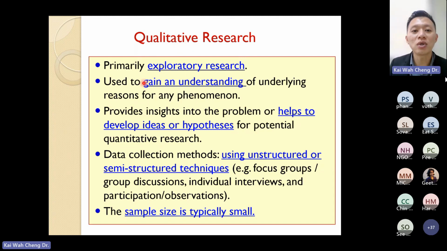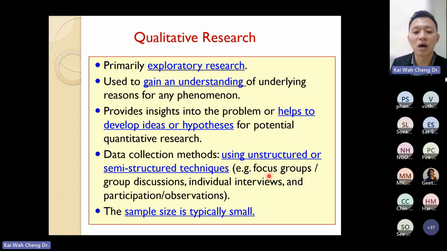Basically, if you want to get primary exploratory information, we need to conduct a qualitative research. The examples of qualitative research are focus group discussion, where maybe you conduct an interview with a group of people and get some new input or new insight from the participants.